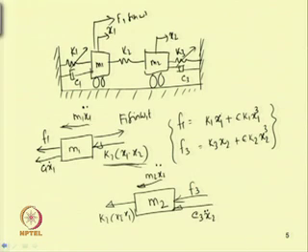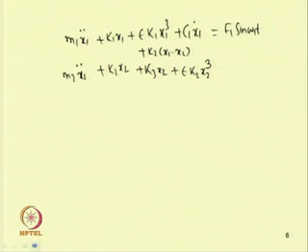Let us see, what are the other forces acting? So, damping force plus C3. The damping force is x2 dot, not x2 double dot, so plus C3 x2 dot. So, this will be equal to 0.